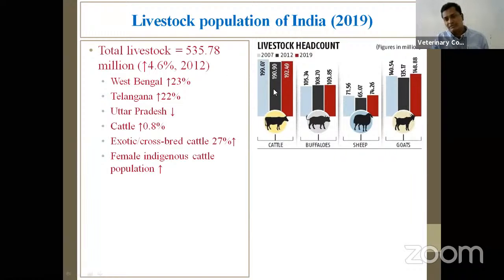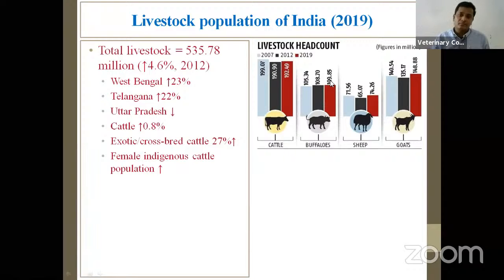Let us see the population of India. The recent 2019 livestock census shows the total livestock number in India is 535.78 million heads. If you see the cattle population, more or less over the last 3 censuses, which are held every 5 years, it is around 192.49 million heads of cattle.